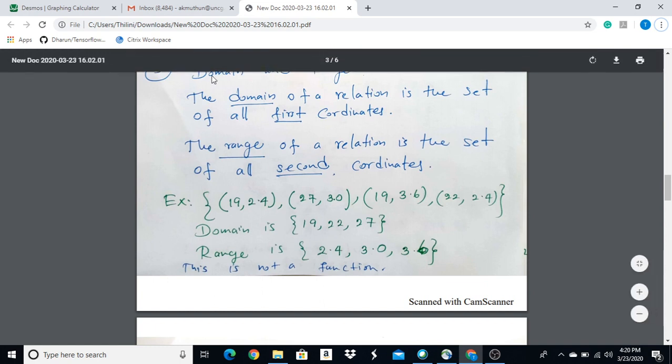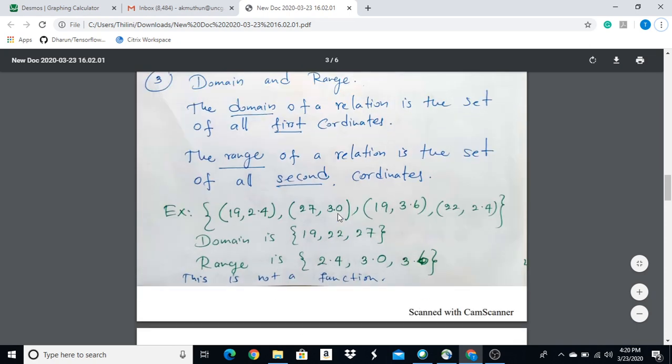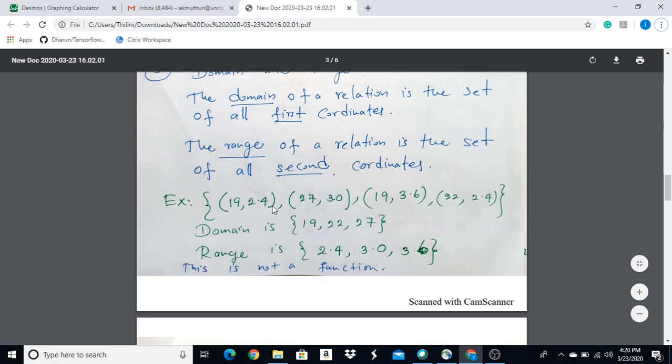Right, so the next topic is the domain and the range. We say the domain of a relation is the set of all first coordinates, and the range of a relation is the set of all second coordinates. So let's look at this example. Here we have a relation with ordered pairs (19, 2.4), (27, 3.0), (19, 3.6), like that.